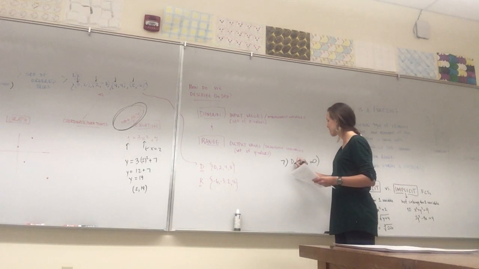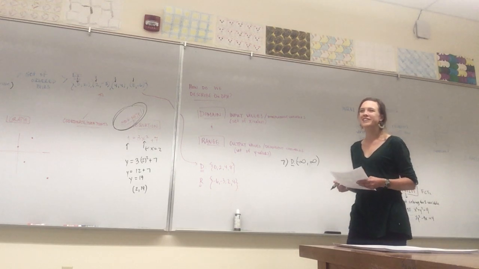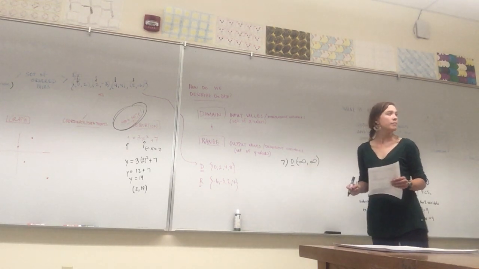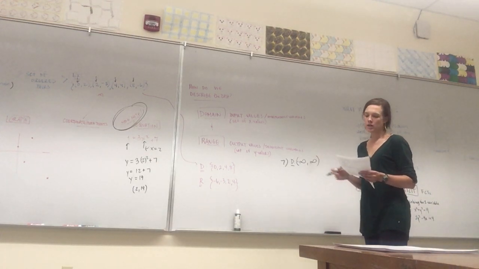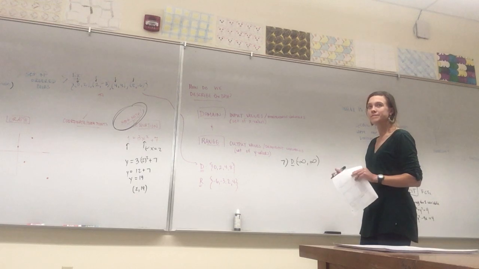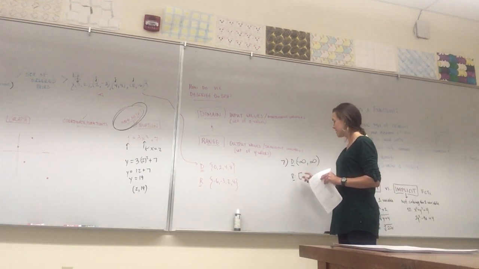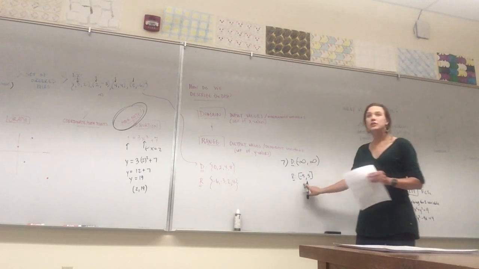So it's all real numbers, but it wants it in interval notation. Okay, interval. And then the range? The open dot means it doesn't include it. So would the range be 5 and -5? Yeah, -5 to 5.